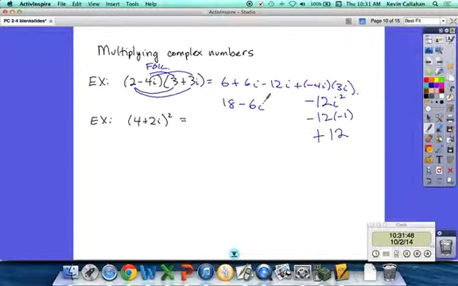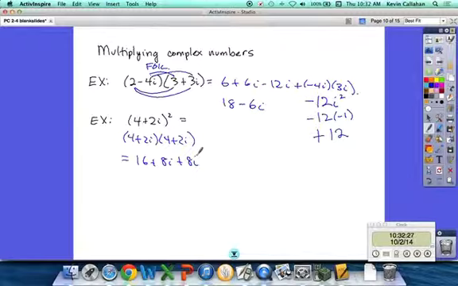How about the 4 plus 2i squared? How will we do that? You're going to have to FOIL it, right? Don't look at it like 16 plus 2i squared. It's 4 plus 2i times 4 plus 2i, so whatever's in parentheses times itself. And that's a FOIL. 16 plus 8i plus 8i.